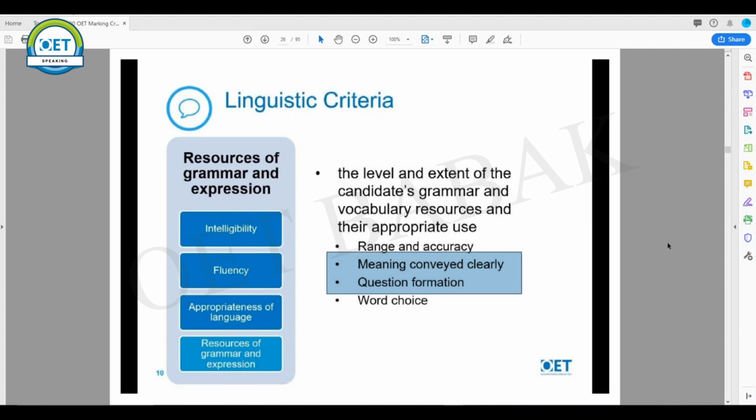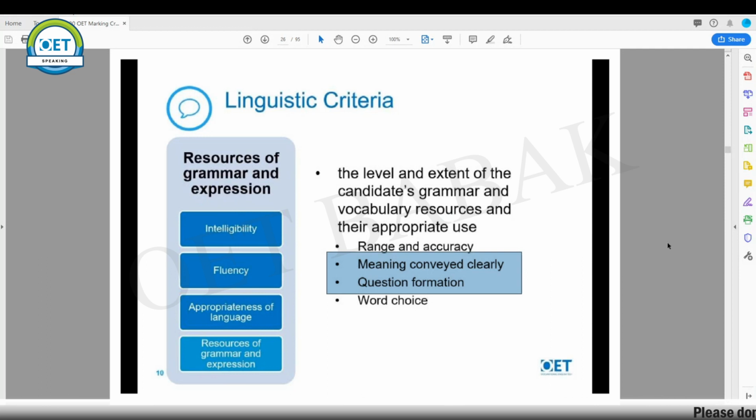If you use a word which is not understood, you get a more negative effect on your score. So the meaning must be conveyed clearly.